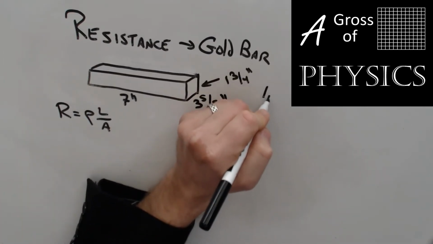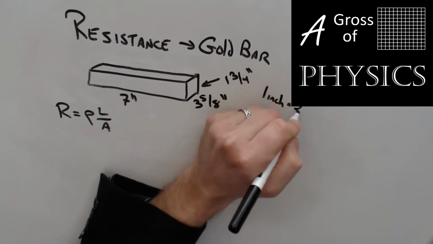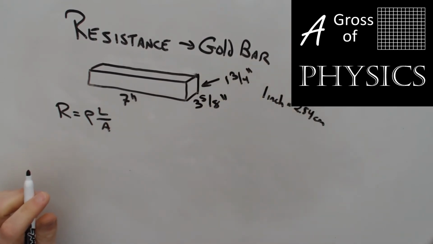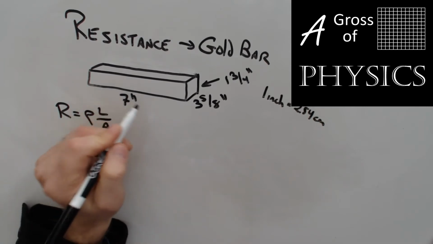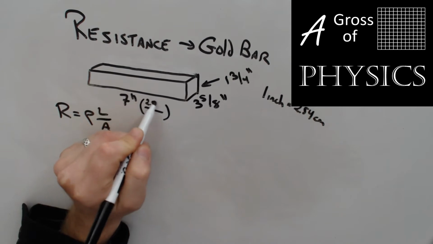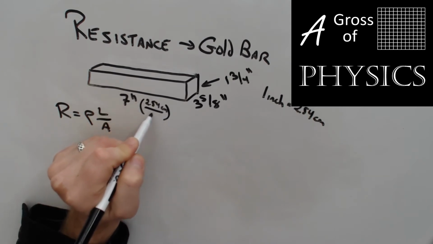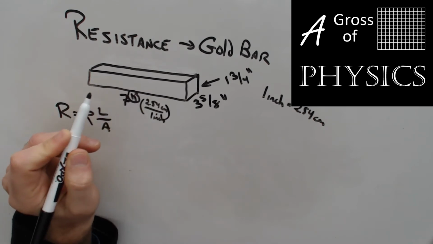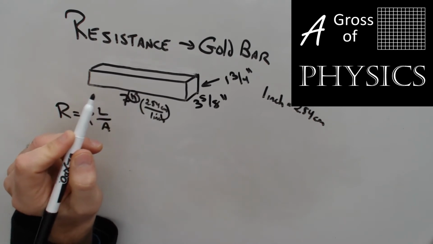Now 1 inch is 2.54 centimeters, so let's get rid of the inches by multiplying each of these by 2.54. And of course, the quotation symbol is the symbol for inches.